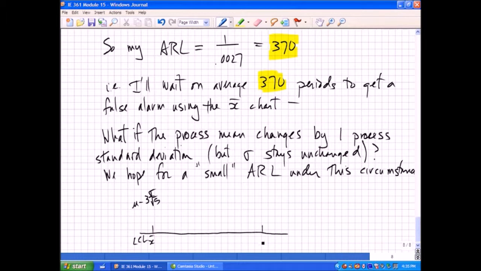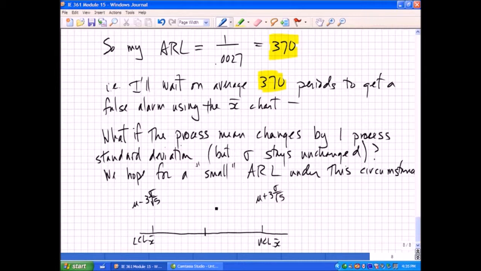There is the upper control limit for X bar. That's at the original mean plus 3 process standard deviations over the square root of 5. And here is the original mean.